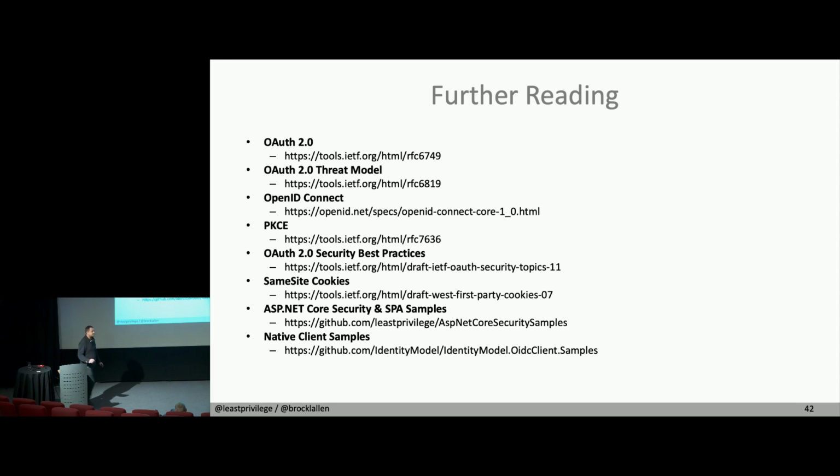You said that the implicit flow is deprecated for single page apps, and that PKCE is the way to go, but I read about a lot of other flows which are recommended for SPAs as well.